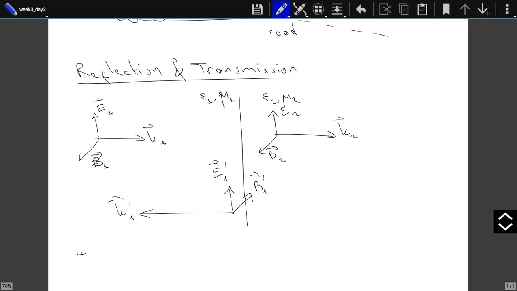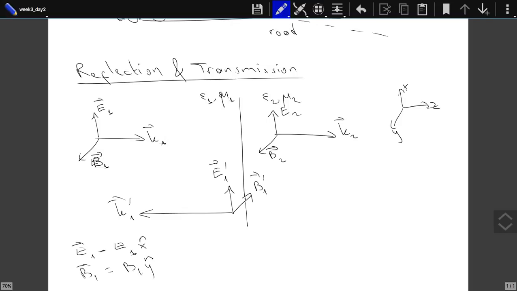And let's choose our coordinate axes. This is X, Y, and Z. E1 is some number in the X direction. B1 is some number in the Y direction. These we will assume to be positive.